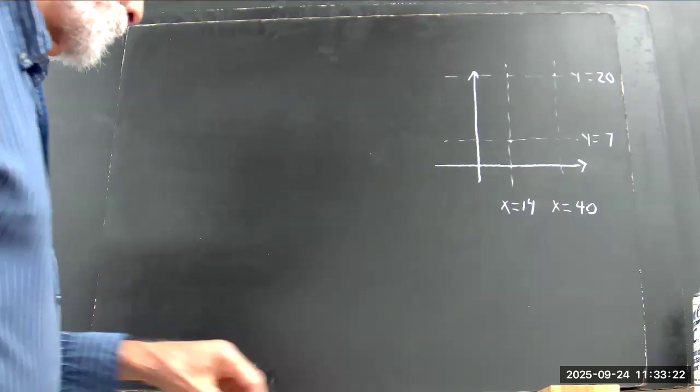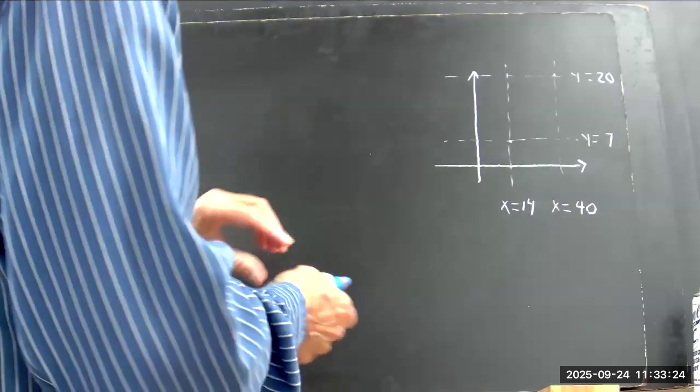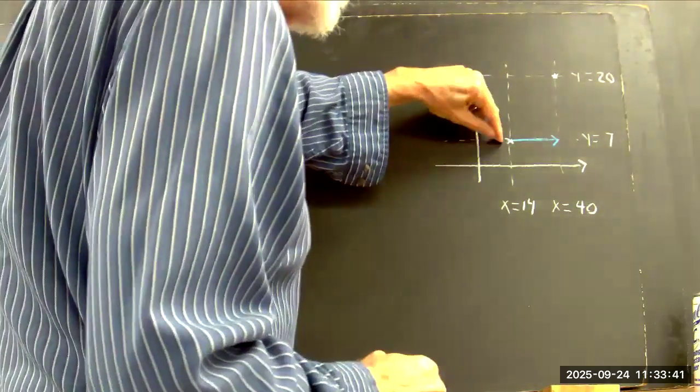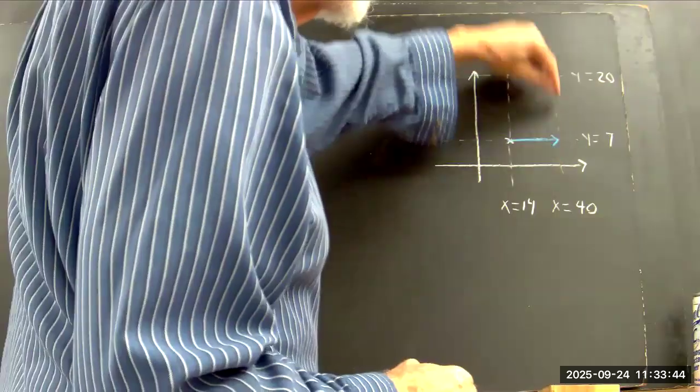Now what I want to do is I want to draw an arrow from the leftmost point, this point, arrow that goes in the horizontal direction from this point over to this line.